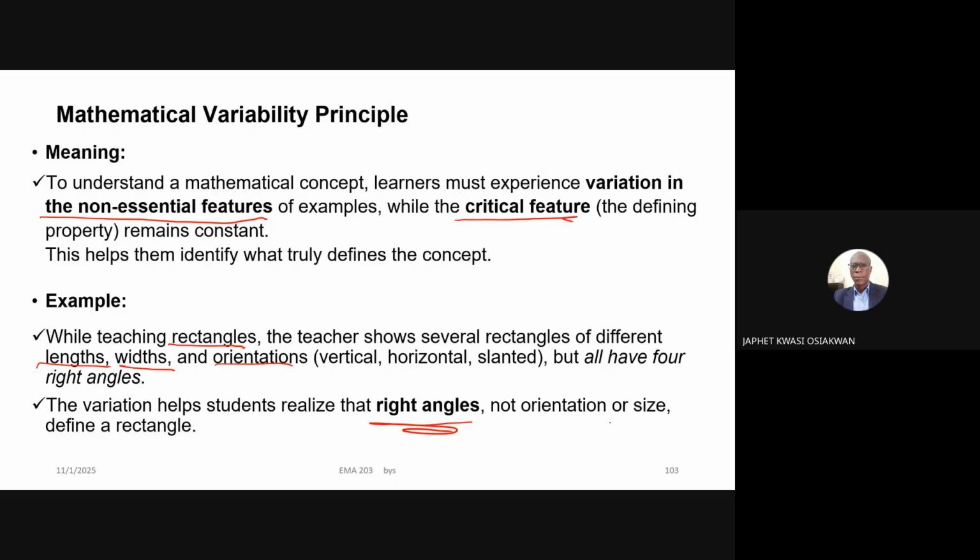It's not because it is a four-sided figure, but because it has 90 degrees at the corners. So any quadrilateral in which you have 90 degrees at the corners is a rectangle. It doesn't matter the size. So you have to help them to identify the non-essential features as well as the critical features.